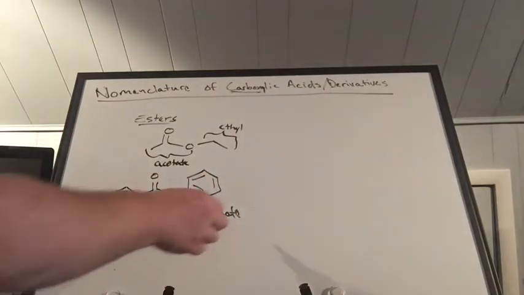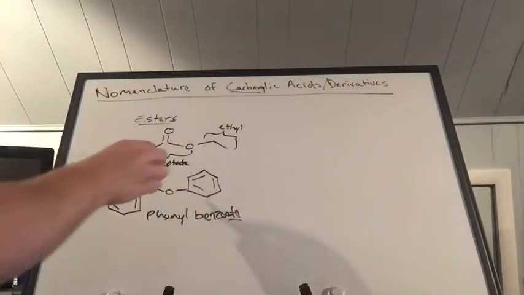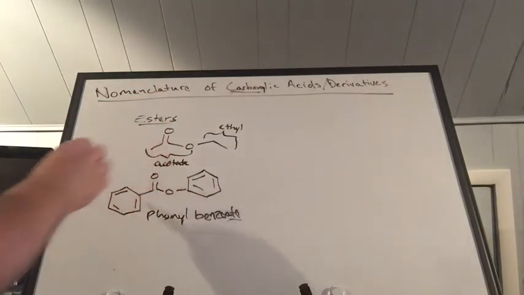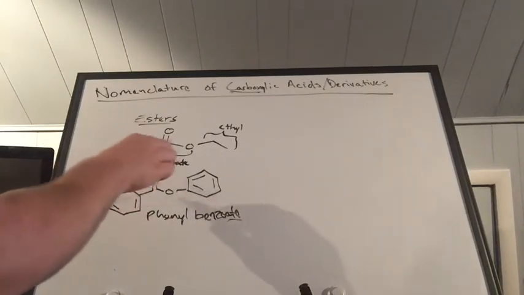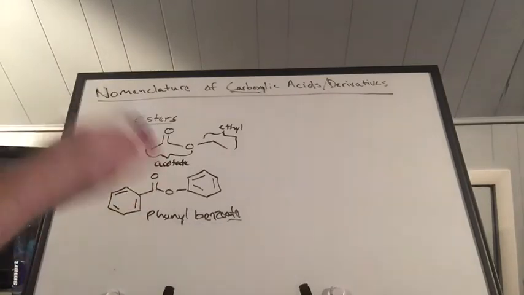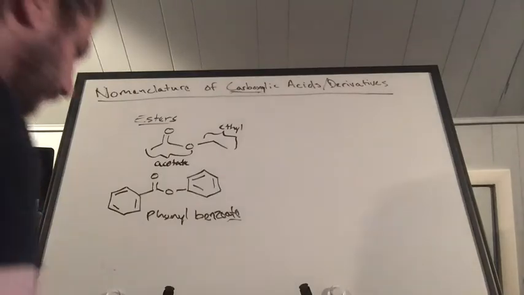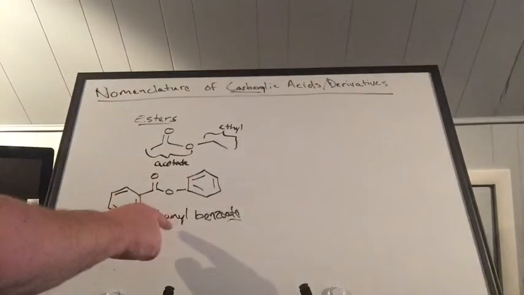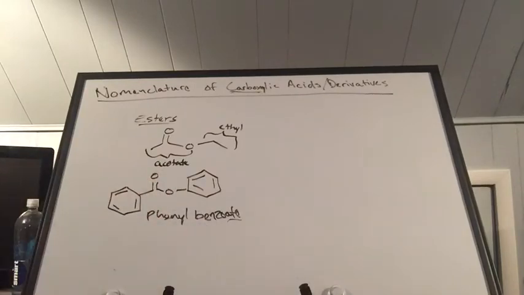Okay, so the ATE is to give you the impression that it's referring to that sort of carboxylic acid faux-ish kind of moiety that's hanging out over here that has the carbonyl. That's the ATE part of the nomenclature, and the YL is going to be anything that's directly attached, singly bound to that oxygen there.